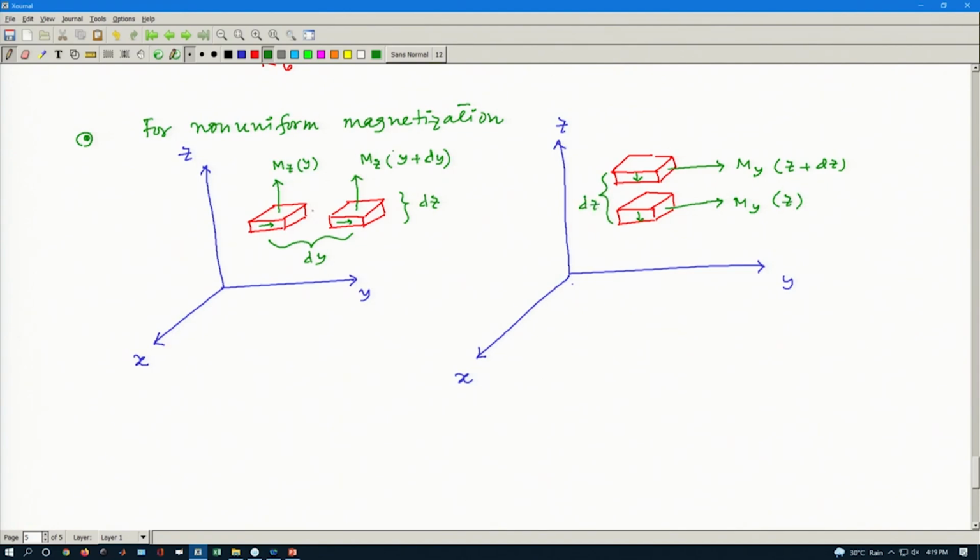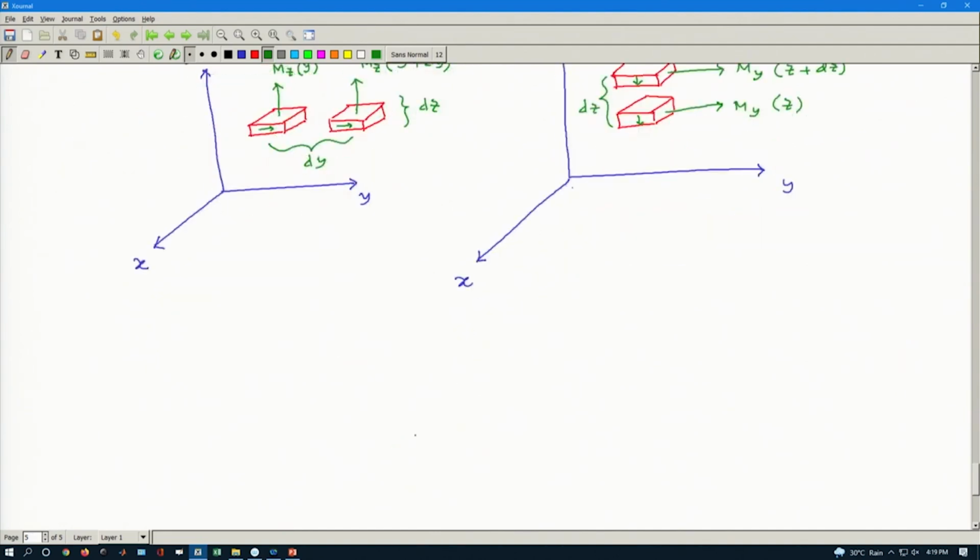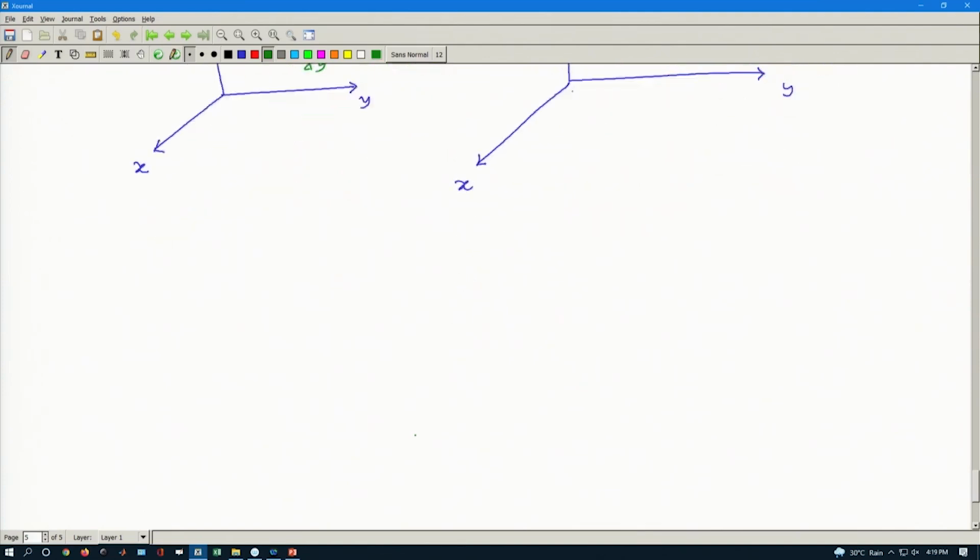Like here we have the same thing, but now in the y direction the magnetization, whereas there in the z direction we had the magnetization. Now here we can see that the magnetization is the magnetic dipole moment per volume that gives rise to current into area, which is magnetization divided by volume.